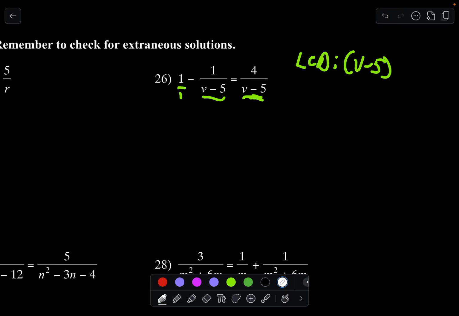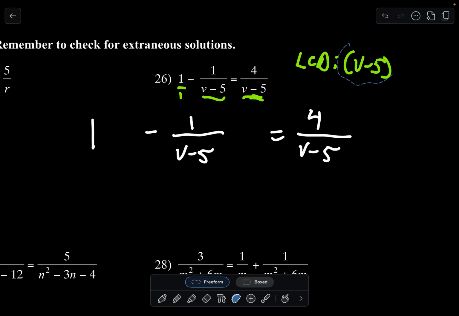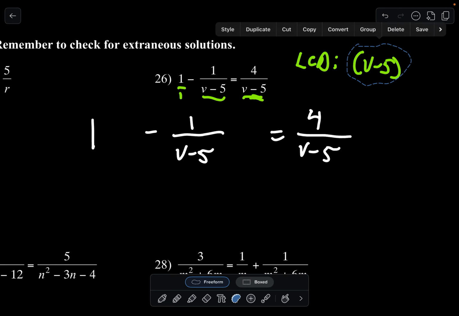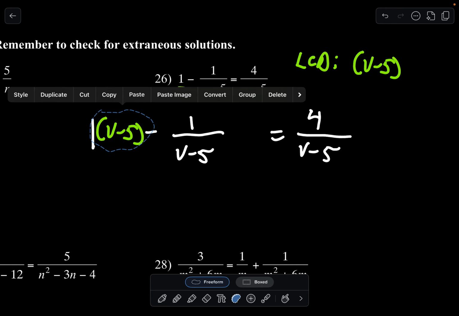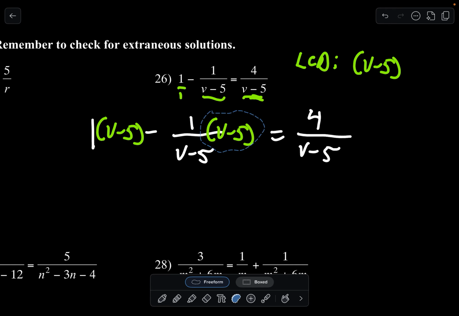Our equation was 1 minus 1 over v minus 5 equals 4 over v minus 5. Now I'm just going to take the LCD of v minus 5, and I'm going to multiply each of these by v minus 5.